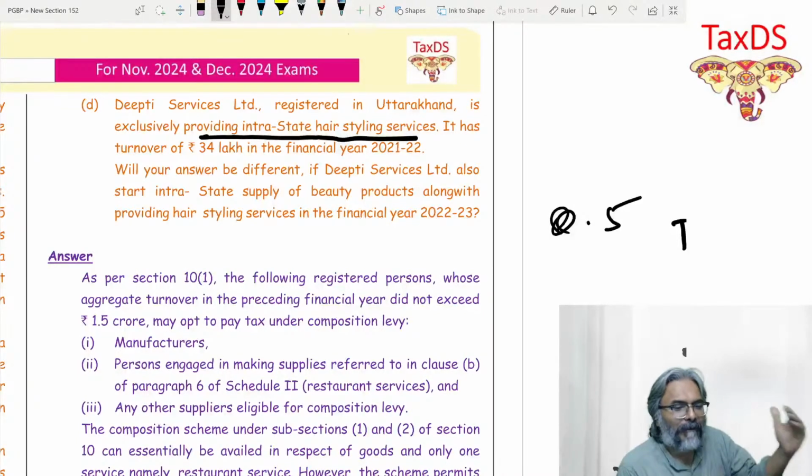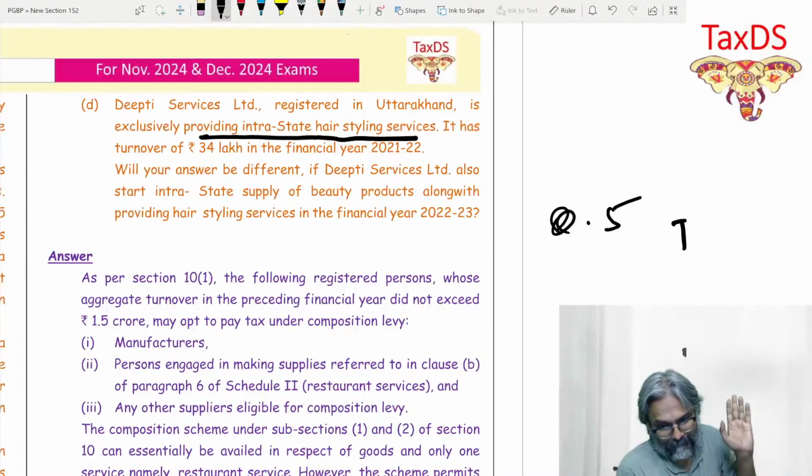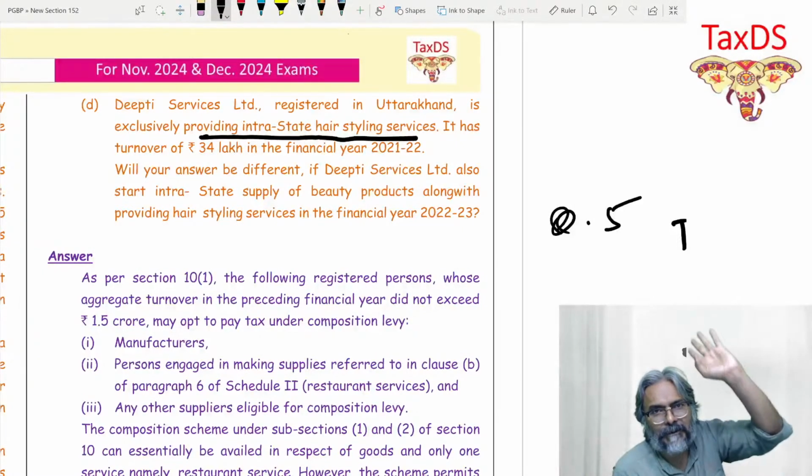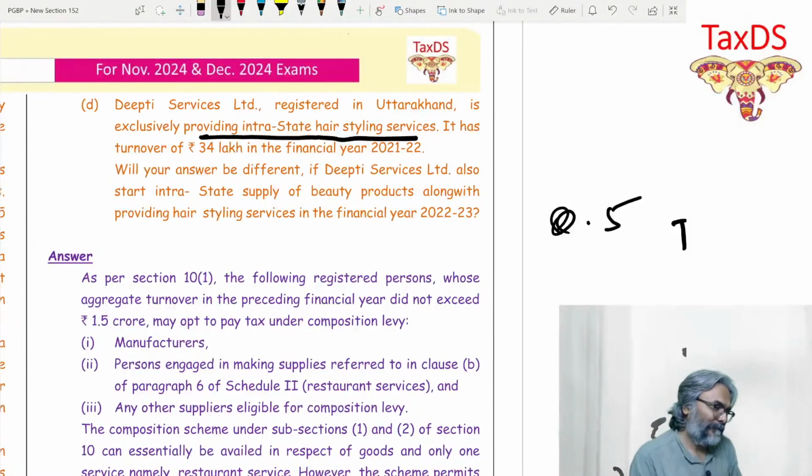It has turnover of 34 lakhs in the financial year 21-22. Will your answer be different if Dipti Services Limited also starts intrastate supply of beauty products along with providing hairstyling service in the financial year 22-23?